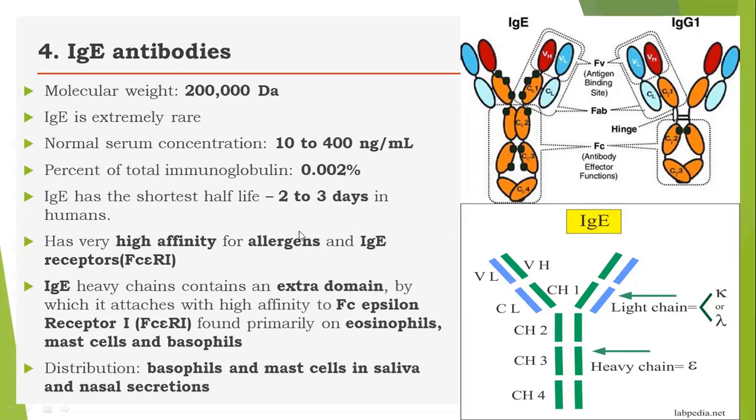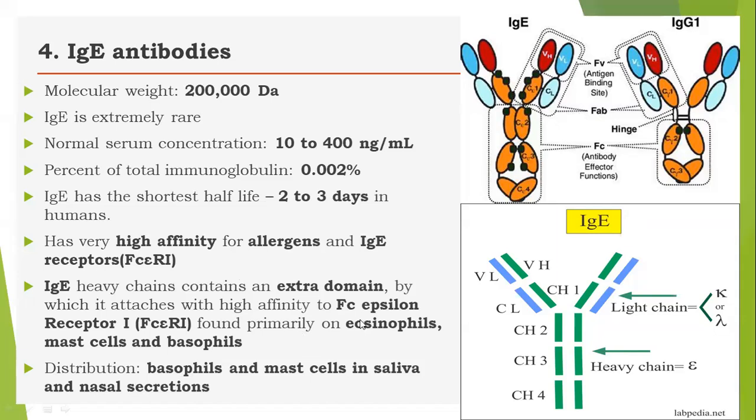And I'll repeat this. Immunoglobulin E has a high affinity for allergens and IgE receptors. Here I go further to state that the heavy chain contains an extra domain, the C4 domain, where it attaches with high affinity to Fc epsilon receptors, which are found on basophils and eosinophils.